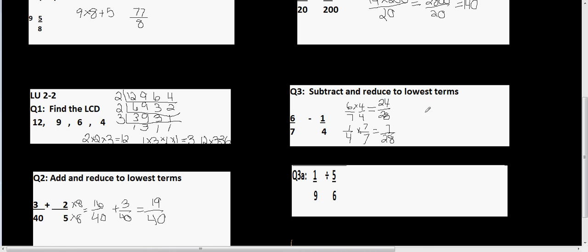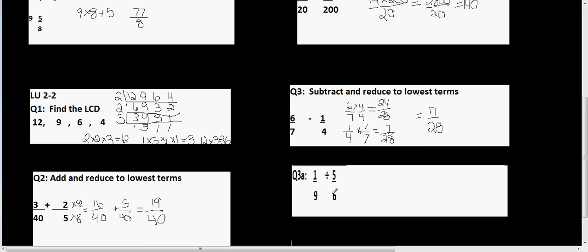Okay, now we can take 24/28 minus 7/28, and what you end up with, of course, is going to be 17/28. We had the same common denominator here, so we were able to just subtract the two numerators to yield the 17.